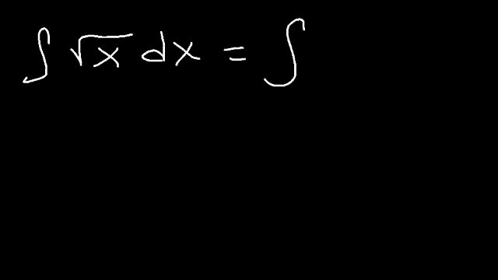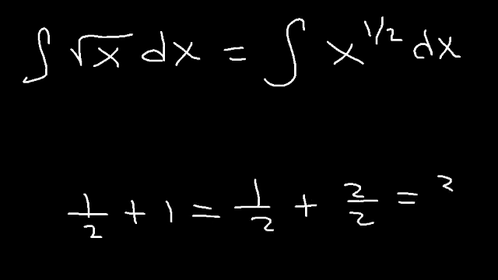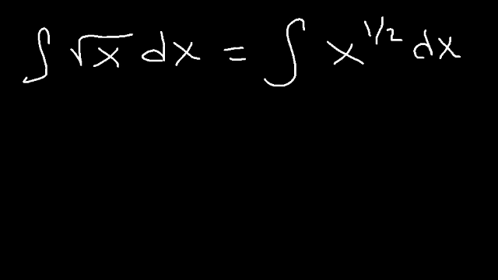Now what about square root functions? What is the antiderivative of the square root of x? If you see a question like this, rewrite it. This is the same as x to the 1/2. Now we need to add 1 to the exponent. 1/2 plus 1 is the same as 1/2 plus 2 over 2, which is 3 over 2. So this is going to be x to the 3/2.